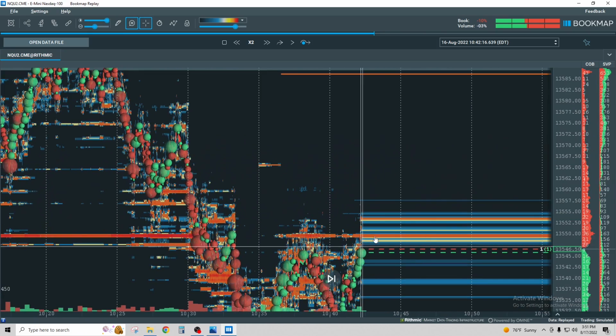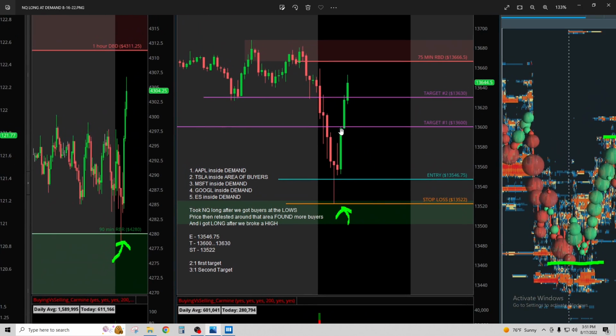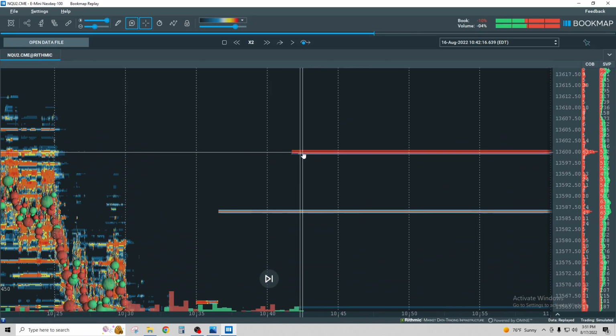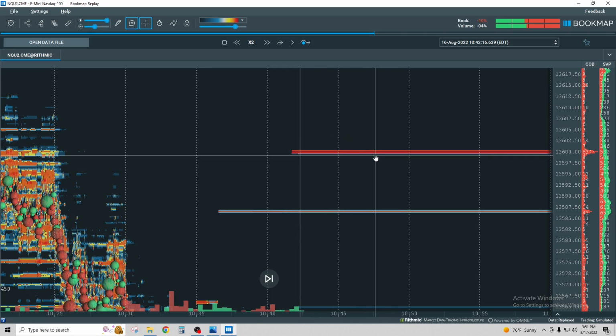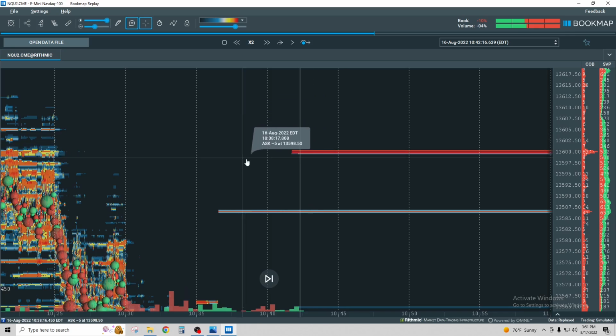And the reason I chose 13,600 as a target, if you can see right here, first target right here was 13,600. If I pull up Bookmap here, you can see 13,600 was this kind of just random liquidity order on the ask.